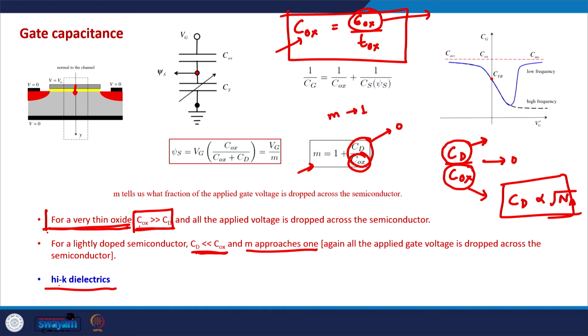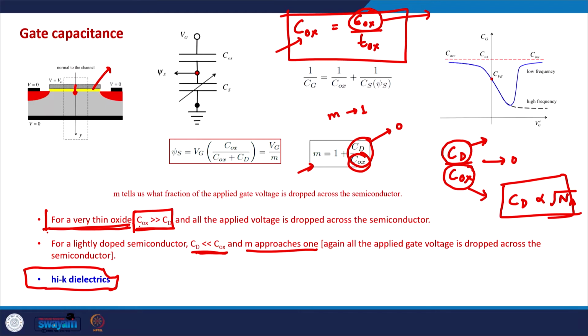So, this high K dielectrics is a new area, entirely because generally in MOSFETs silicon dioxide is the oxide which is used as a gate oxide, and the reason for using silicon dioxide is the ease of fabrication, because we can just oxidize a very thin silicon layer to make silicon dioxide, and in that case we do not need to worry about the matching of the oxide and the silicon, and even the interface charges can be controlled to a large extent.